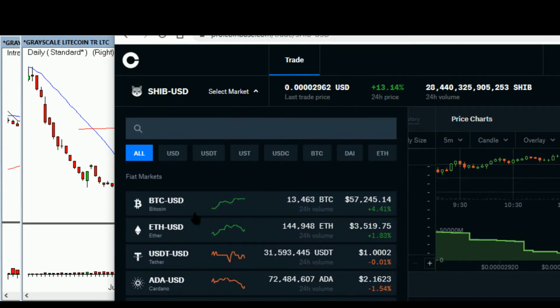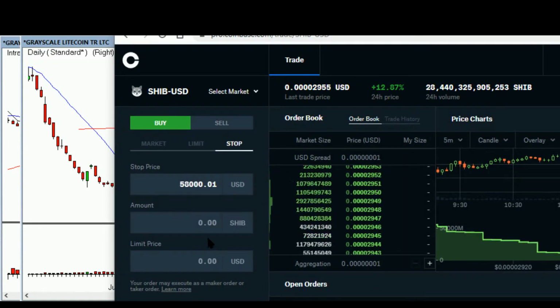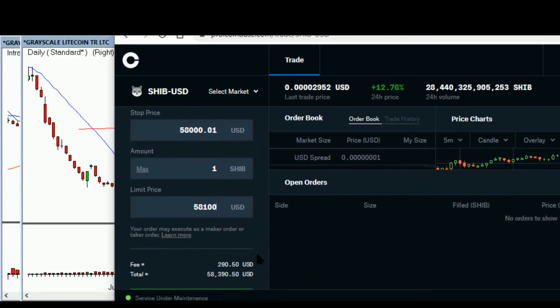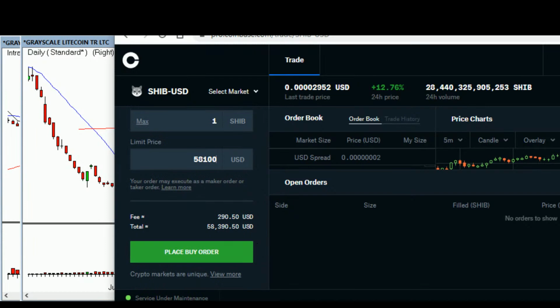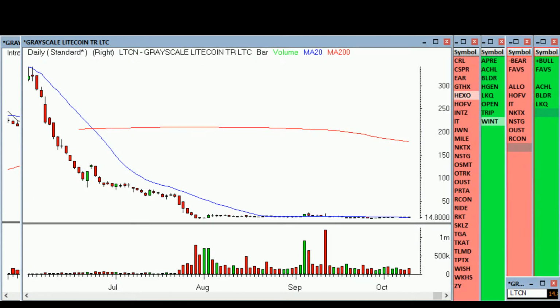So you select market and Bitcoin, and then you go how many Bitcoins? Let's say 1, and then you say what's the limit price, what's the worst price you're willing to accept. $58,100, right? And then you hit submit buy at the bottom, and that's it. It's a pretty easy, self-explanatory order entry window.